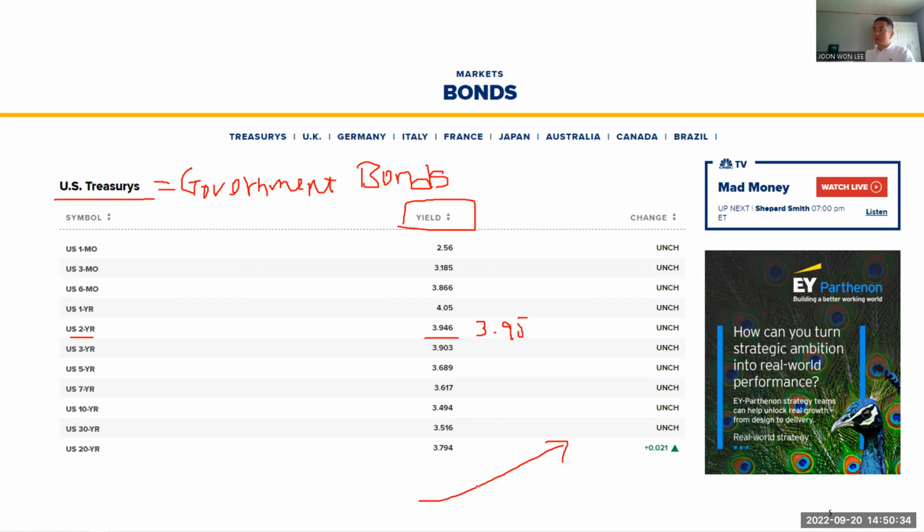Then at some point you'll sell this bond and purchase another higher yield bond. So things are going to change in the future. Anyway, what this yield means is that if you purchase this 2-year Treasury bond and keep it until the bond matures, then in the end you'll have a 3.9% return.